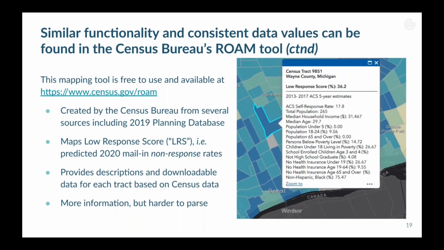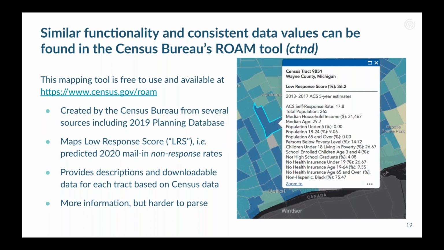I would say that even though the 2010 self-response rates, which the CUNY map provides, will certainly be different this time around in 2020, it's also unclear whether the low response scores that the Census Bureau has put out will definitely be a precise estimate of the 2020 response rates, given the unique challenges for this cycle.